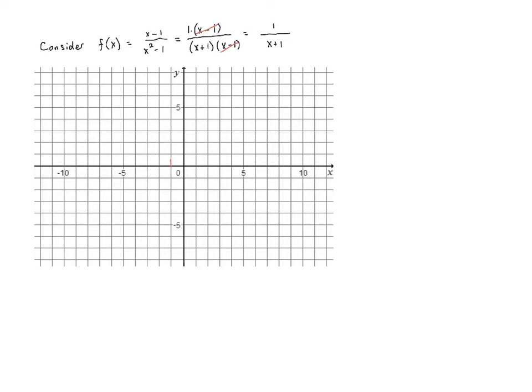So I'm going to draw a vertical dashed line to represent this asymptote. But instead of making tables of values to figure out what the graph's behavior is near the asymptote, we actually have another method that we can use, and that is transformations of functions. This function, 1 over x plus 1, is actually the original function 1 over x shifted to the left 1 unit.